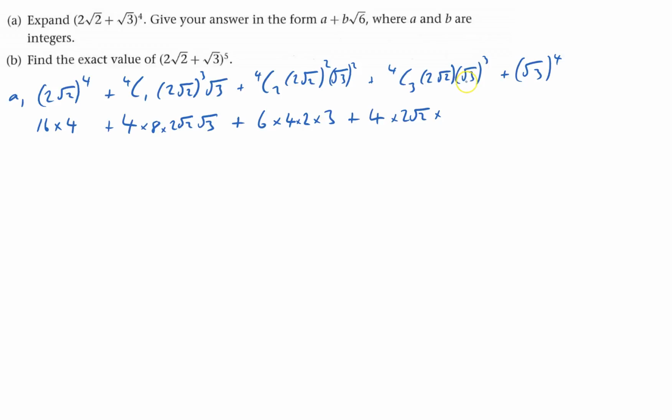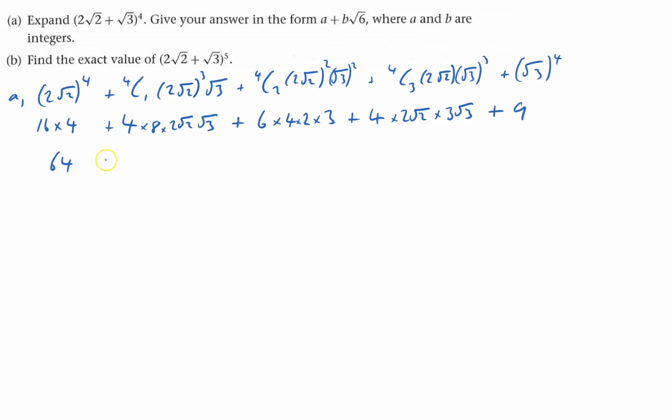√3 times √3 is 3, and then times by one more √3 is 3√3. And finally, the last bit, √3 times √3 is 3, and I've got times by another 2 of them, so 3 times 3 is 9.